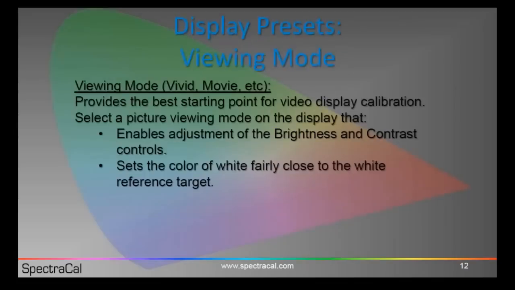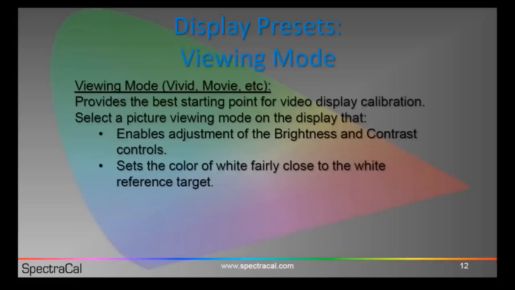So once we have the initial performance of the display captured for documentation purposes, one of the first steps that we want to accomplish on the display is to set up an appropriate viewing mode. This provides the best starting point for our calibration.